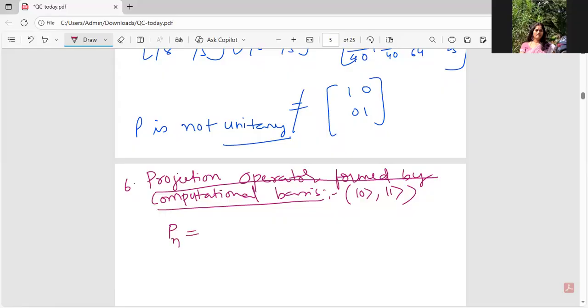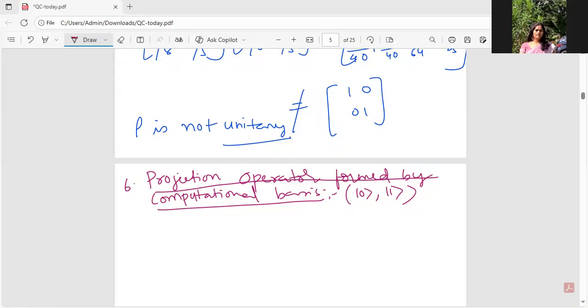Of course, see here, P0 is defined as ket 0 and the inner product of ket 0. No, just a second. It is, I think, the outer product and not the inner product. You are also asked to check the completeness relation, guys.